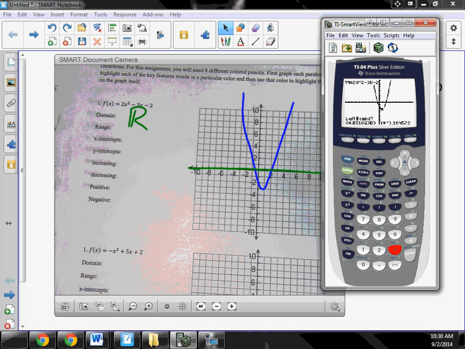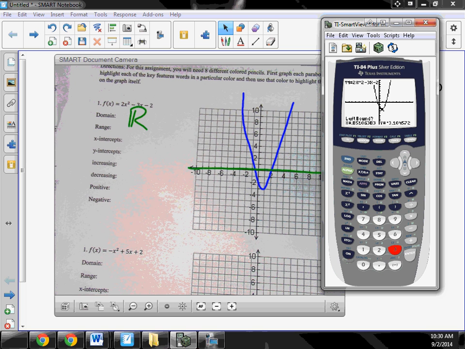Now it's going to ask us 3 questions. And this is x-axis. It's asking us to pick some x value to the left and some x value to the right. And then we're going to guess what we think the answer is. So what x value does it look like the minimum is created by? What x value will give us the smallest y value?